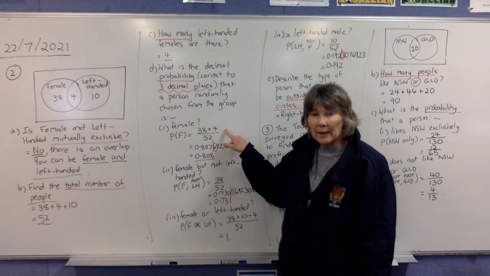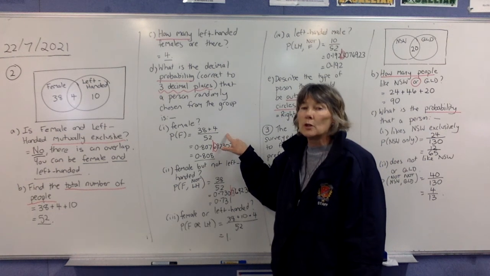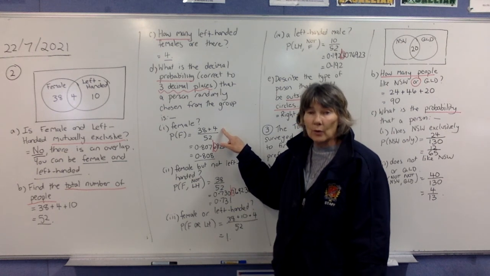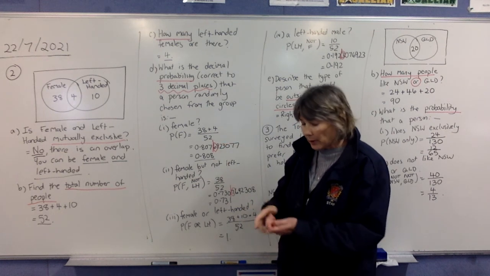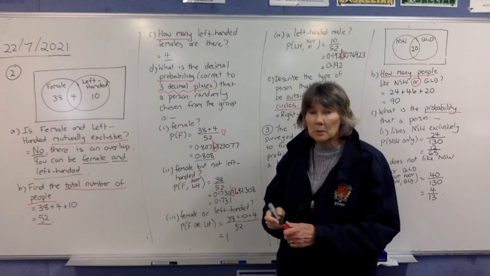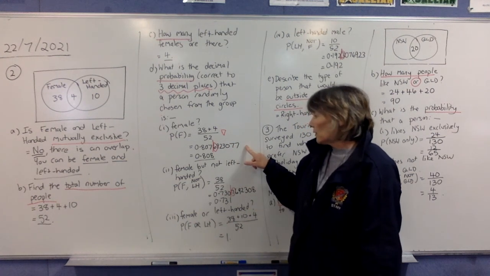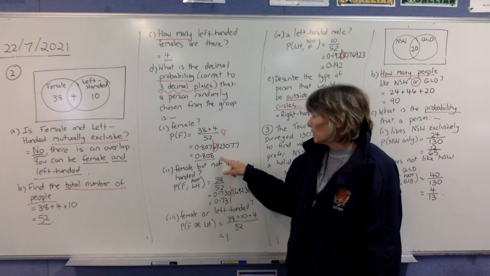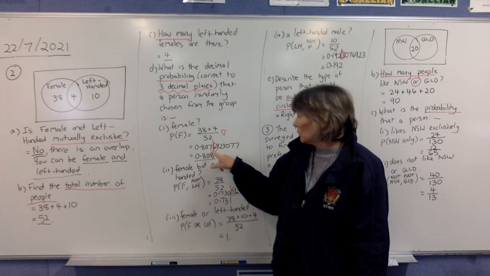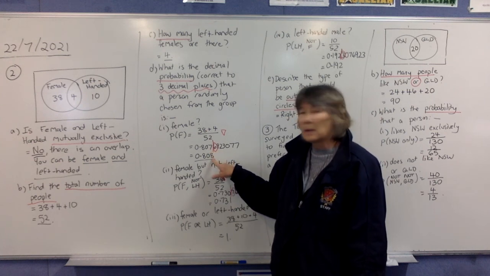Now you can put that in your fraction key just as it is. You can press the fraction key, put 38 plus 4 on the top, down arrow, and then put the 52 on the bottom, and then just press equals. It will give you that decimal, and then when you round it off to 3 decimal places, because that's 5 or more, you go up by 1 here, and it becomes 0.808.